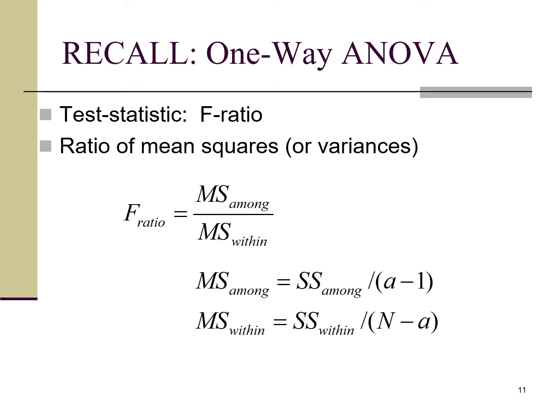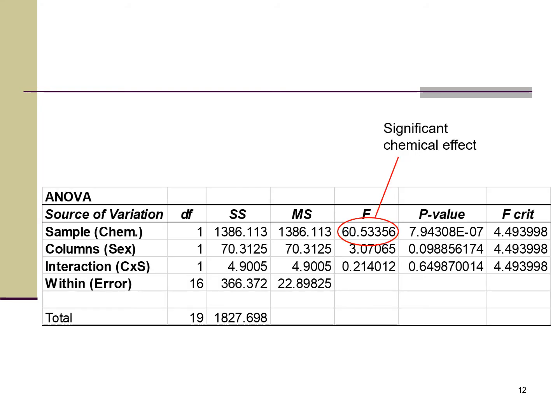Sum of squares within divided by n, the number of observations, minus the number of levels. And that gives us our F ratio. That's where we get that number, and you can see that that's basically 1386.113 divided by 22.89825 to give us 60, okay?